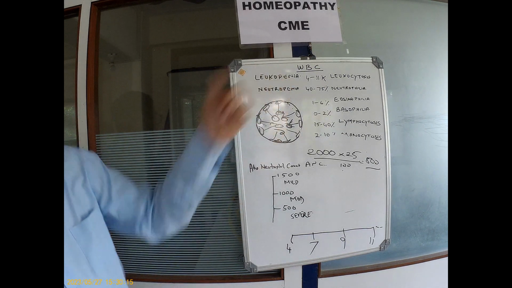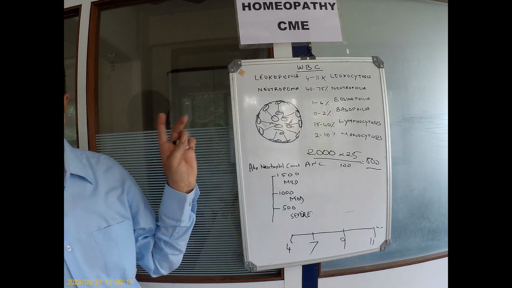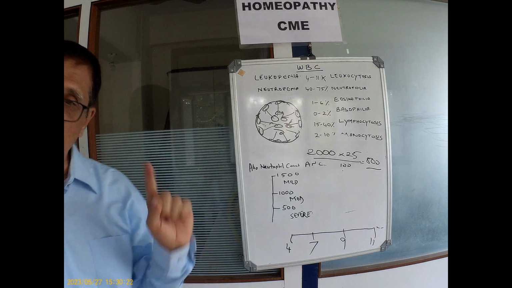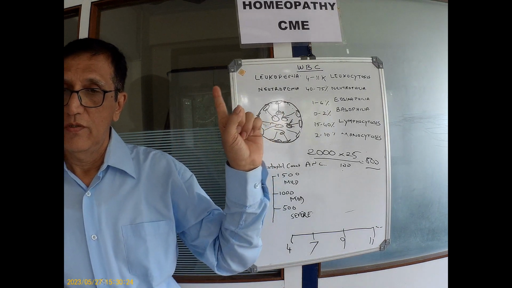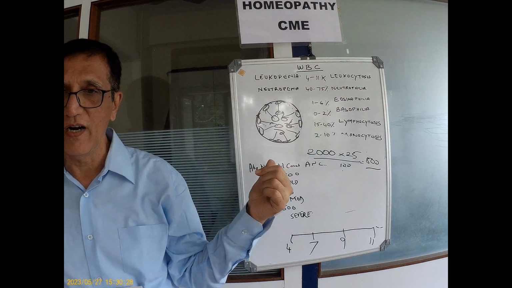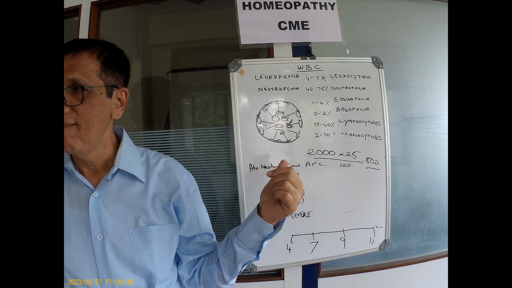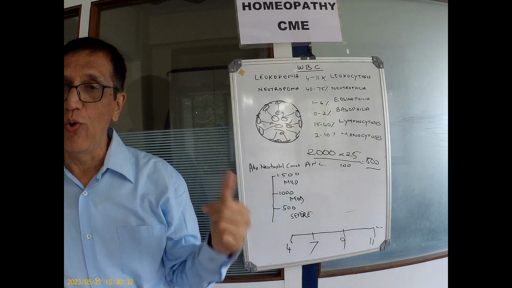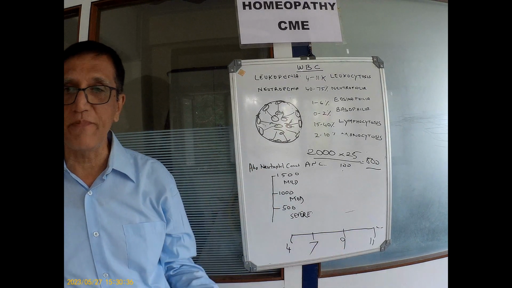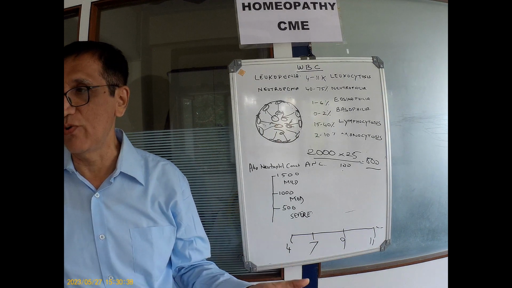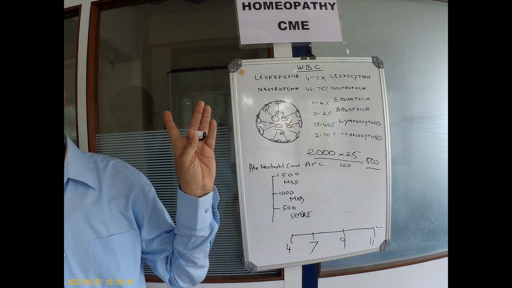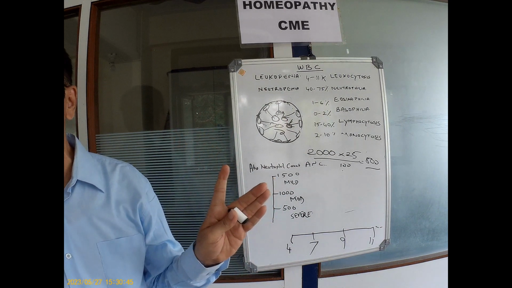What are the causes of leukopenia? Sepsis. Sepsis is common to both leukocytosis and leukopenia. Now, if a patient has septicemia and you see the count, a high count or a low count, it also has prognostic significance.